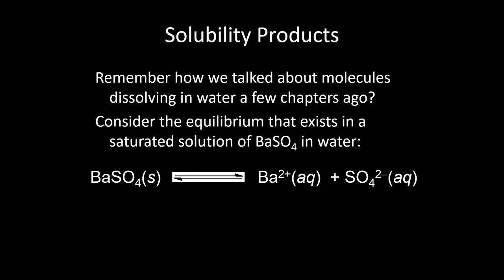You can have more solid than will dissolve, and at that point the solid doesn't actually stop dissolving. Instead, as the solid dissolves, some of the solid that had already dissolved and gone into solution actually recrystallizes. And so you have a dynamic equilibrium between the solid continuing to dissolve, but it being redeposited as well.